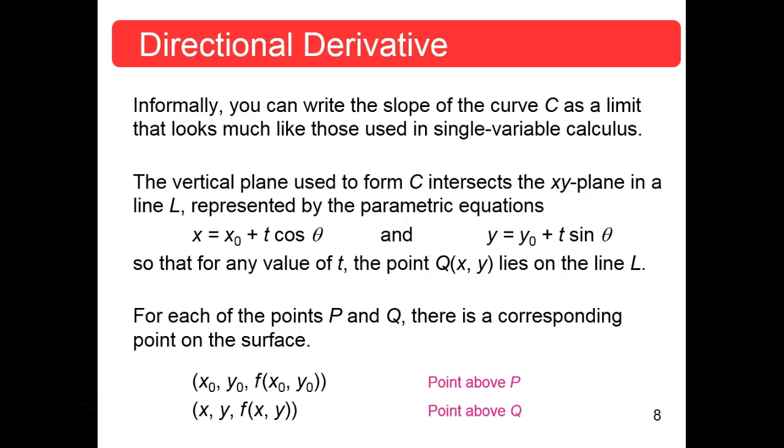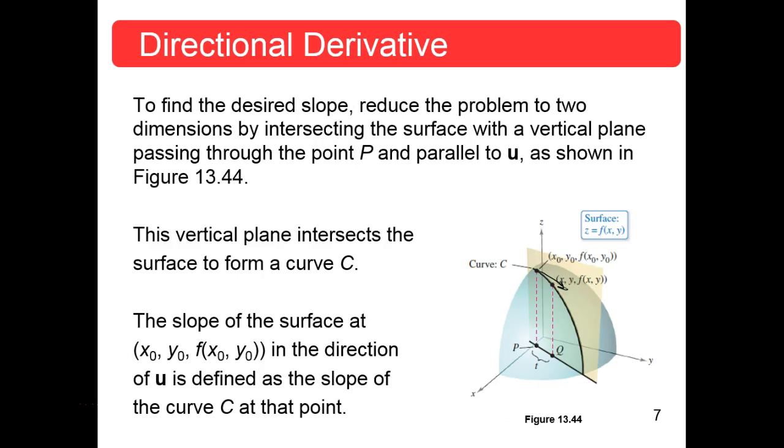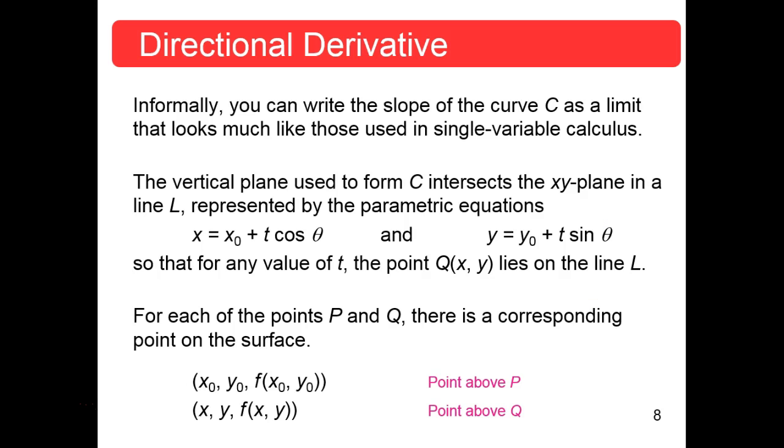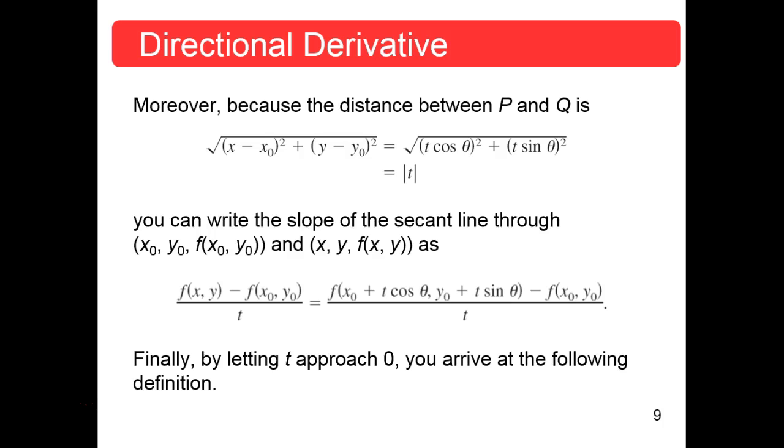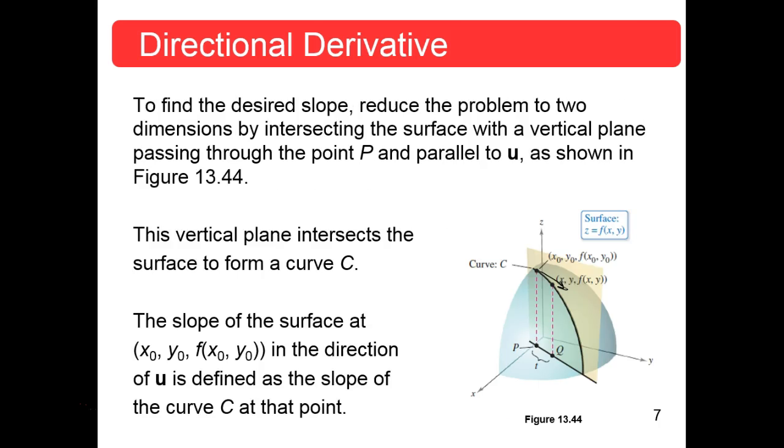Okay, let's go back and look at this for just a moment. This distance between P and Q, physically between P and Q, they're saying is related, certainly related to that t.